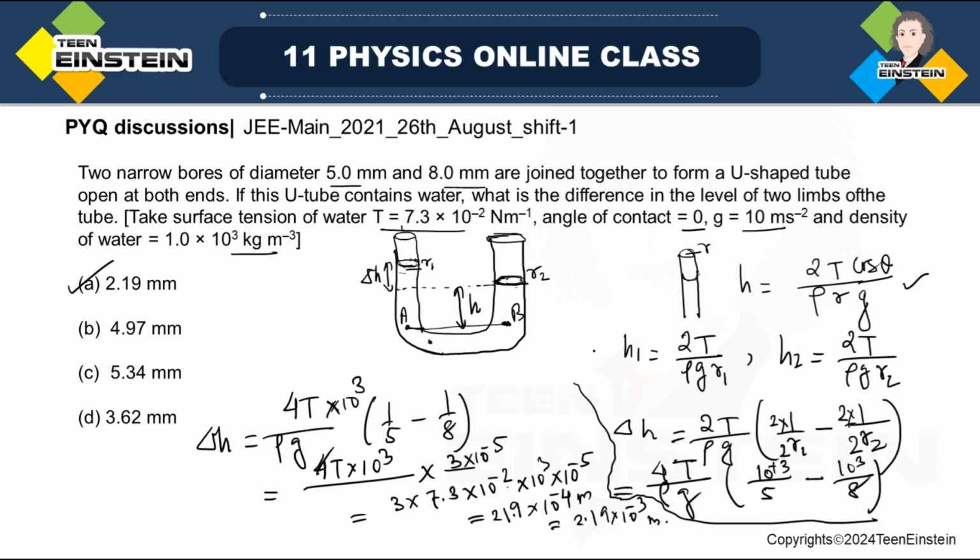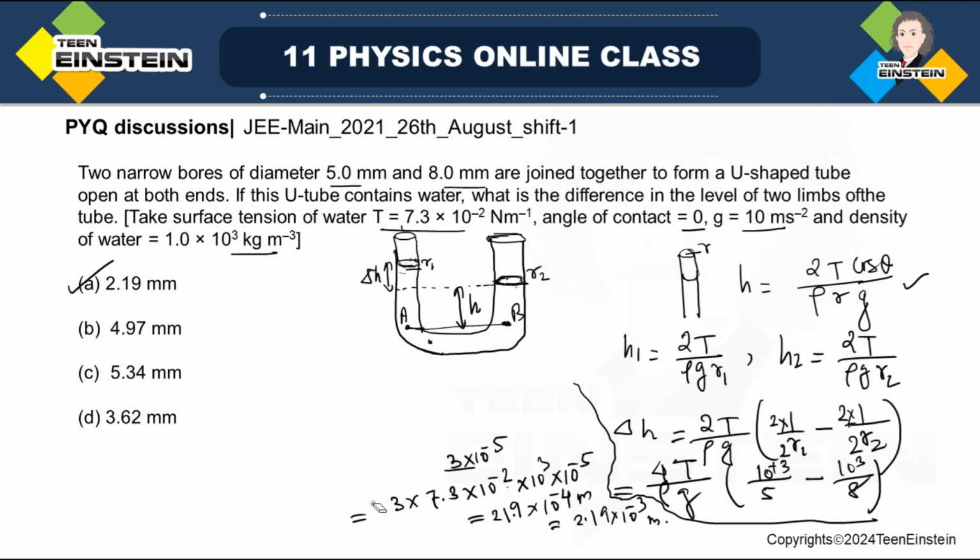For the sake of your understanding, let me show how we can understand that this is correct, or why this level difference is at all coming. As I said, it is because of the capillary rise.